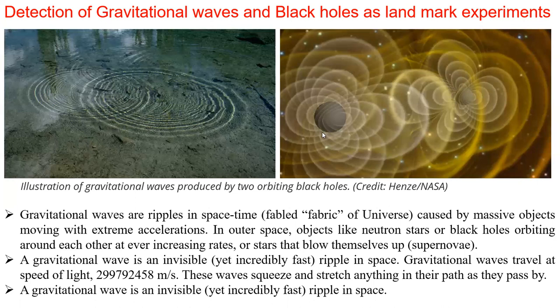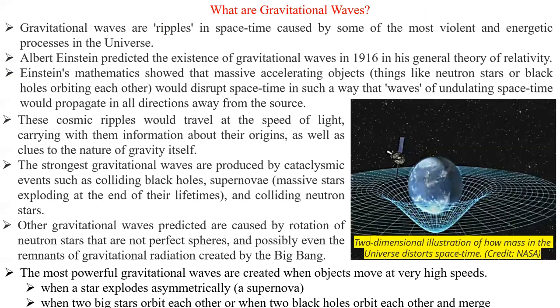As the waves interact, due to the Doppler effect, if approaching they may squeeze, or if moving apart they may be stretched. A gravitational wave is an invisible but incredibly fast-moving ripple in space, traveling at the speed of light in vacuum.